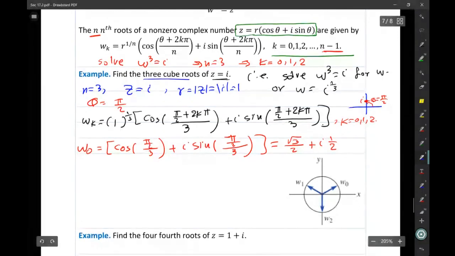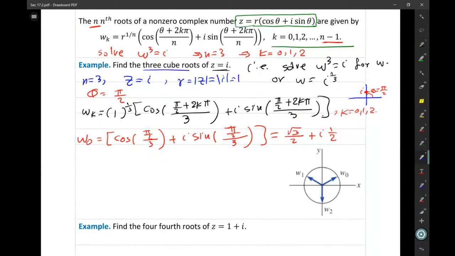So this is the number w naught. This is when k is equal to 0.